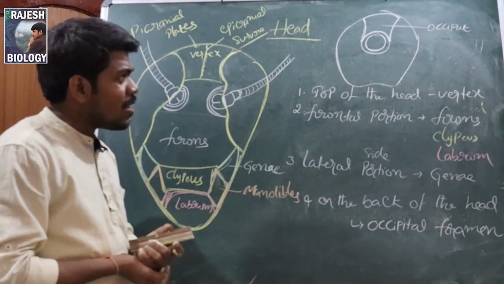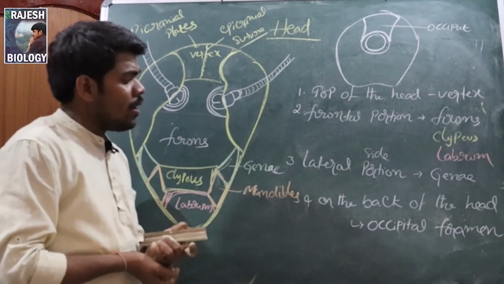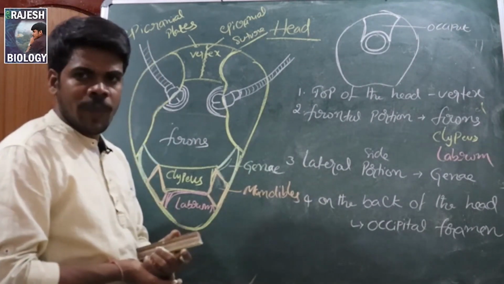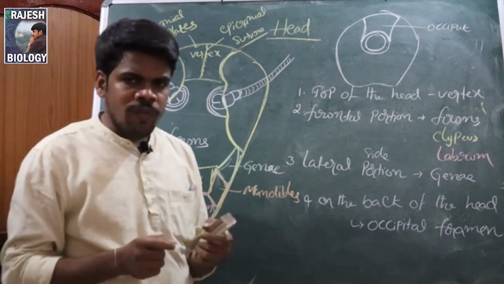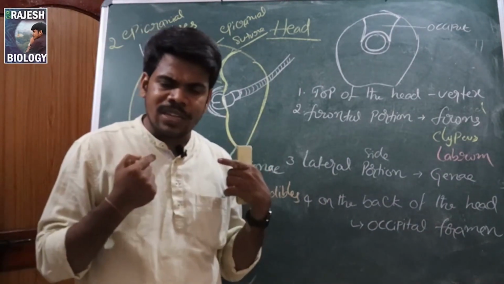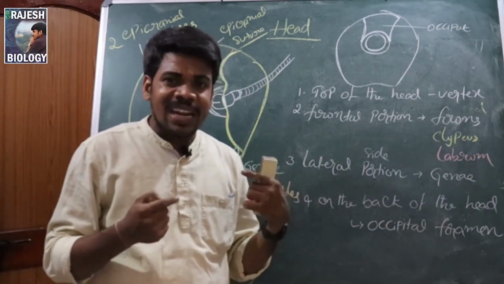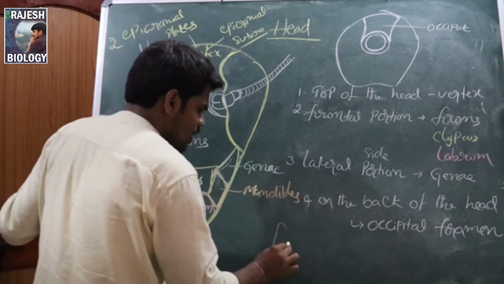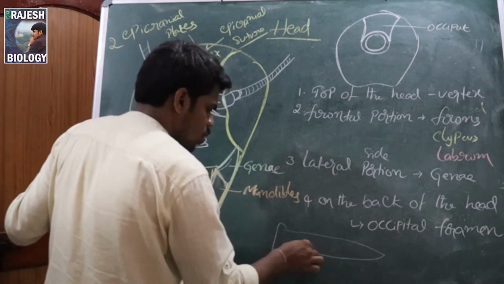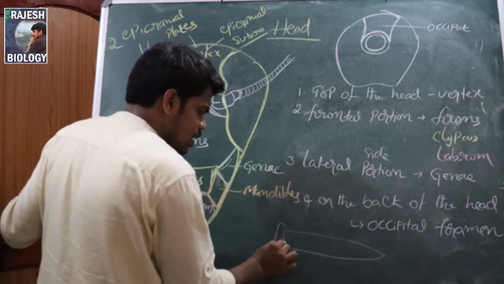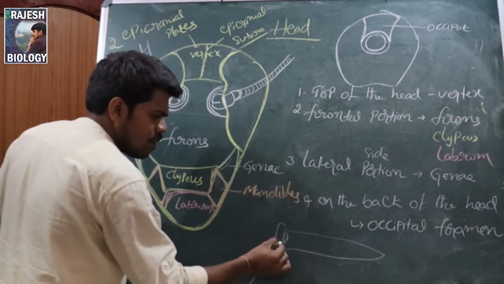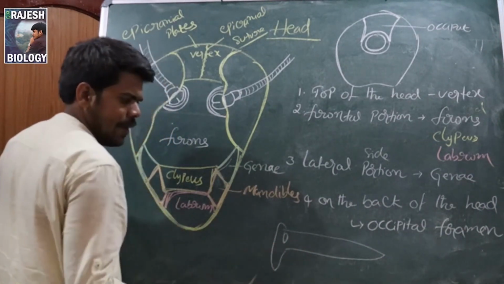This is the one sclerite which borders the occipital foramen. What is the use of the occipital foramen? In our body it is called foramen magnum. It is the connection between the head and the body. This occipital foramen is the connection between the body and the head.